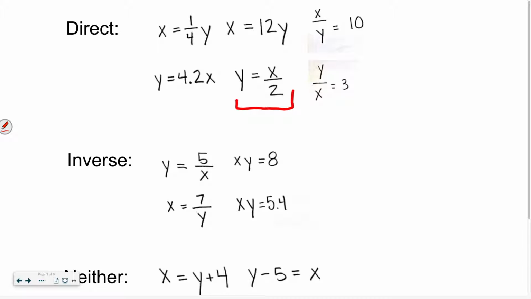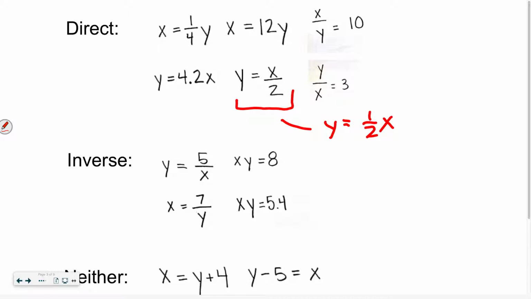The 2 is in the denominator, so what's really your constant? x is your variable. What are you multiplying it by? 1/2, if you have x over 2.